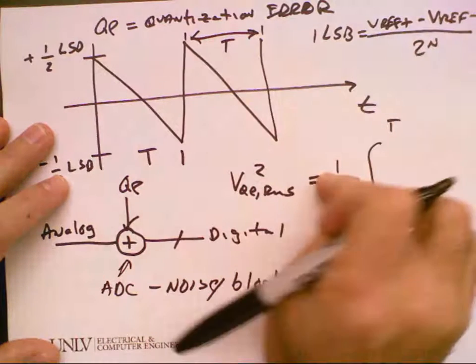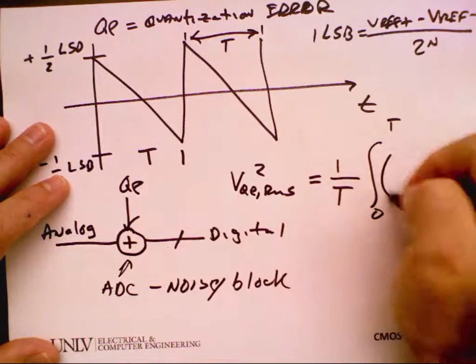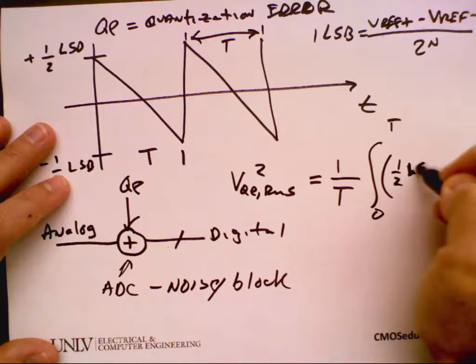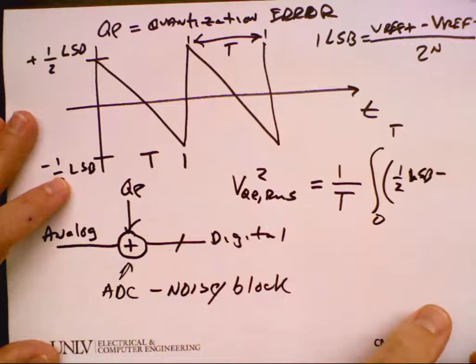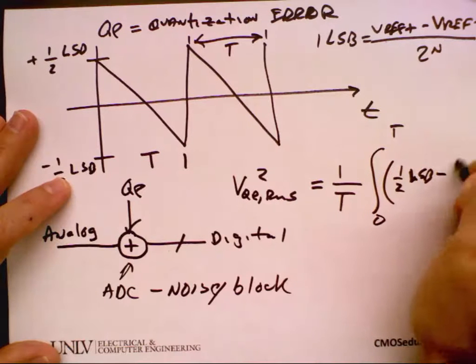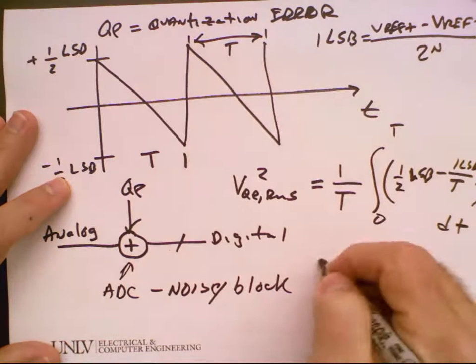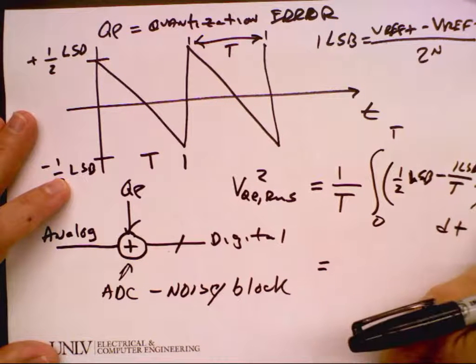And if you look at this equation, the y-intercept is positive 1/2 LSB, and the slope is 1 LSB over t times t, and then you integrate that with respect to dt. And if you do, what's the only term in here that's a function of time?